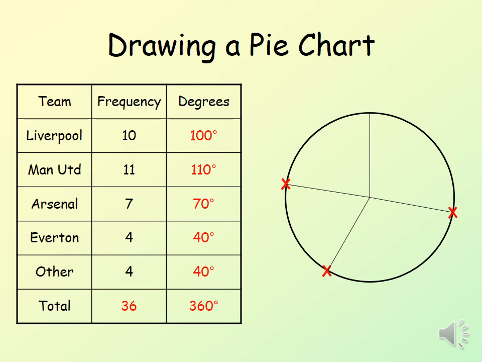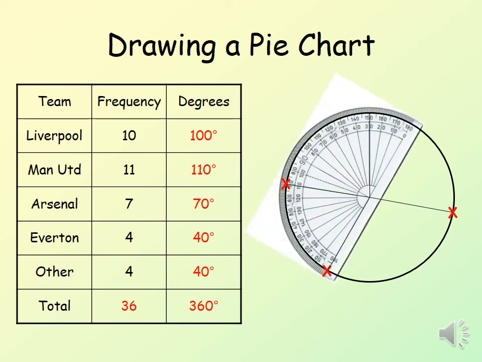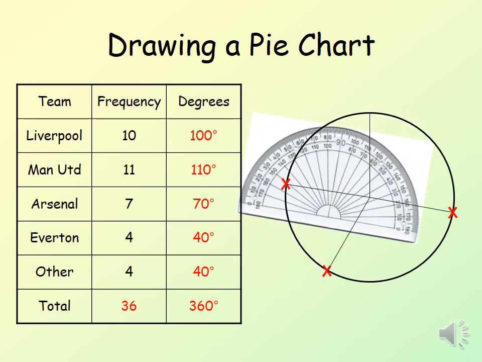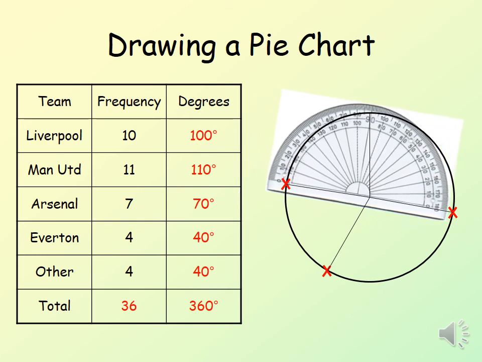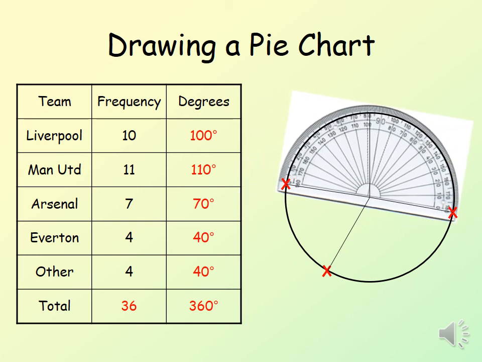So from there the next one is 40 degrees. So we need to put our protractor on the perpendicular. So don't forget, it has to be on the middle, and we're going to be measuring 40 degrees.